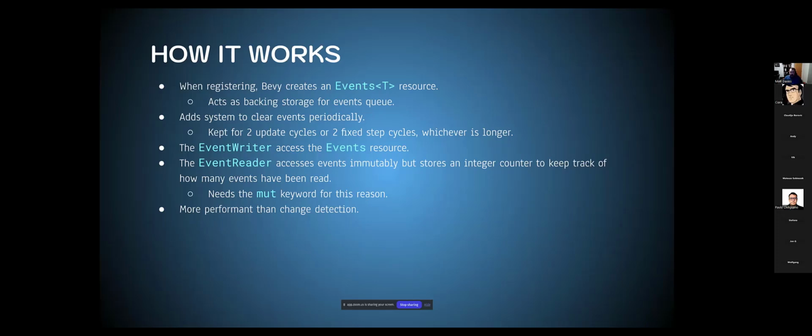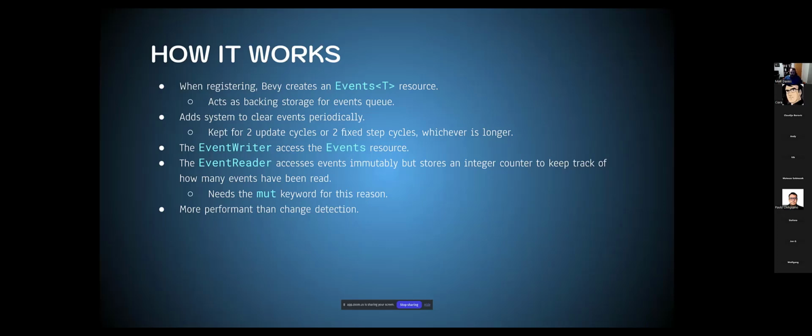The event writer will access the events resource. So when you send that event, it is just written to that vector inside that events resource. The event reader will then access events immutably, but it will store an integer counter to keep track of how many events have been read for that particular system.